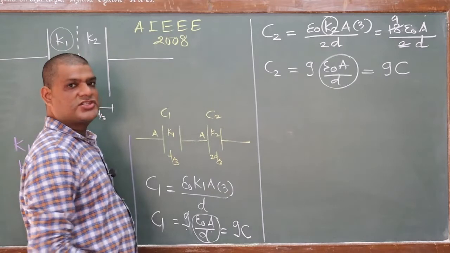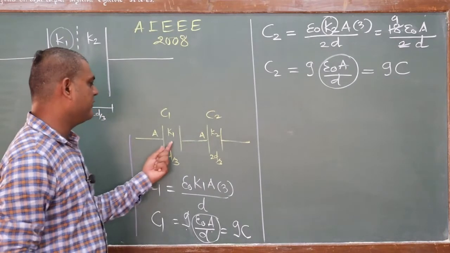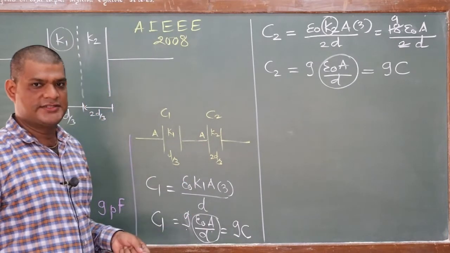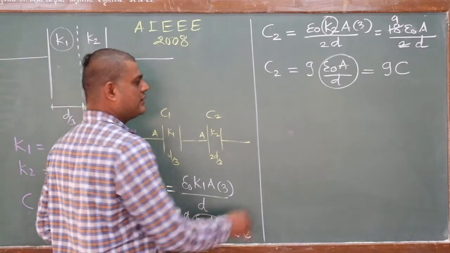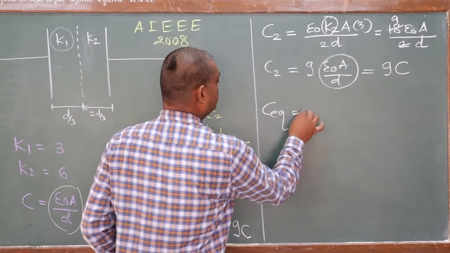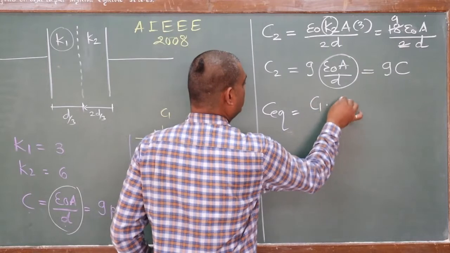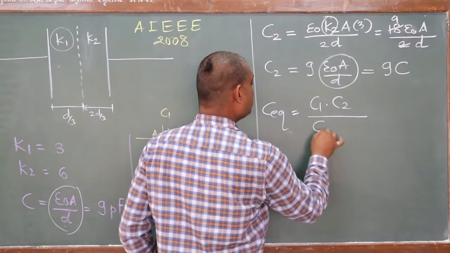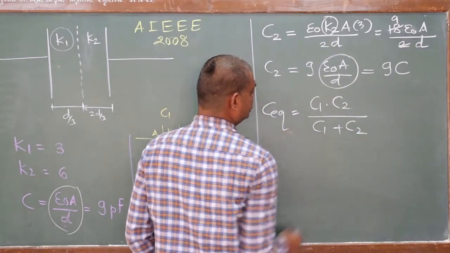Now what is C equivalent? C1 and C2 are in series. So C equivalent equal to C1 times C2 divided by C1 plus C2.